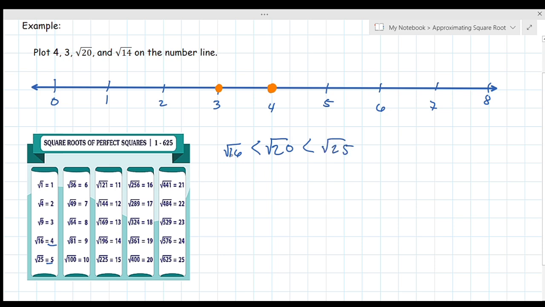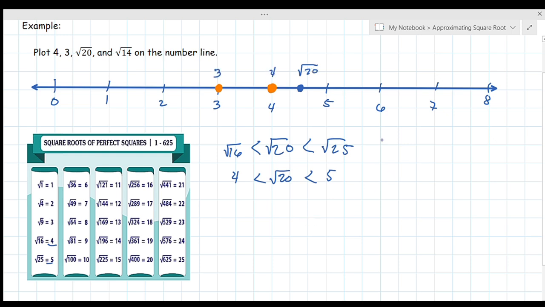The principal root of 16 is 4, and the principal root of 25 is 5. So therefore, square root of 20 lies between 4 and 5. So nandito po yung square root of 20, at dito naman yung 4 at dito naman yung 3.